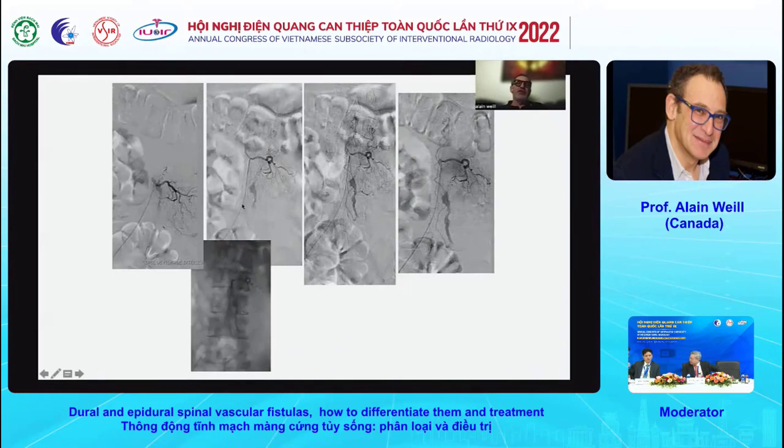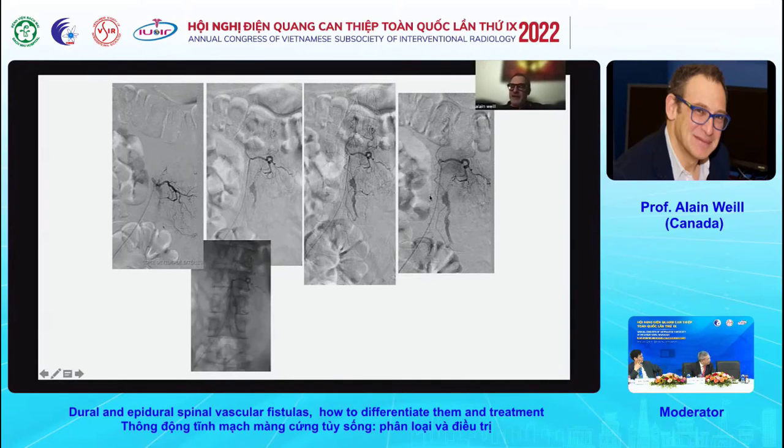And here is the angiogram, and the angiogram is very interesting. You can see this is an intercostal artery, I think, I don't remember, but it's probably L2. And we fill here a kind of pouch, and this pouch just drains into a dural vein, as you can see here.